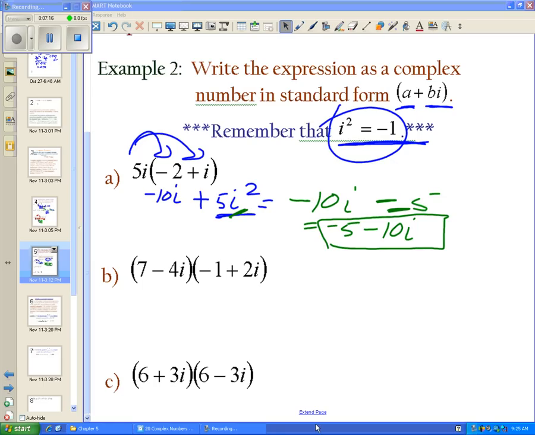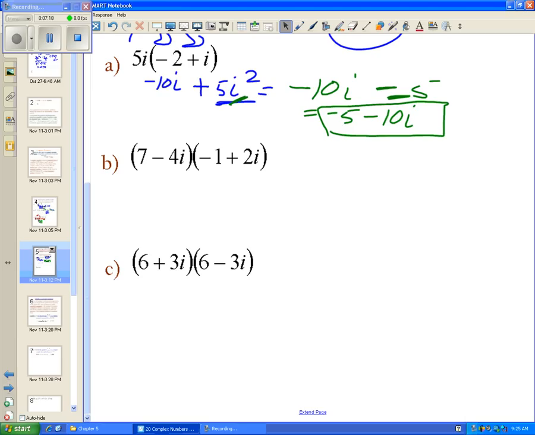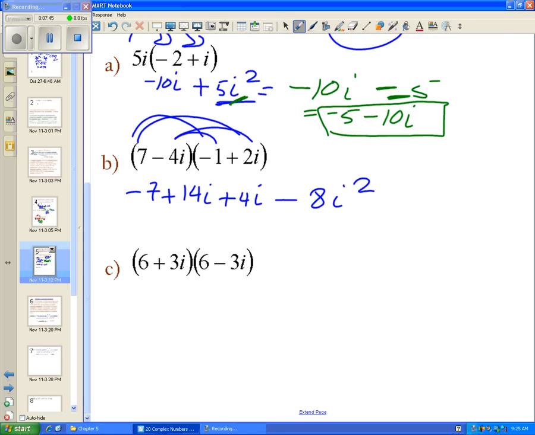Let's do a couple more like this to see what else this can do. Again, I want to FOIL first. 7 times negative 1 is negative 7. Outer, 7 times 2i is 14i. Inner, negative 4i times a negative 1 is positive 4i. And last, negative 4i times 2i is negative 8i squared.